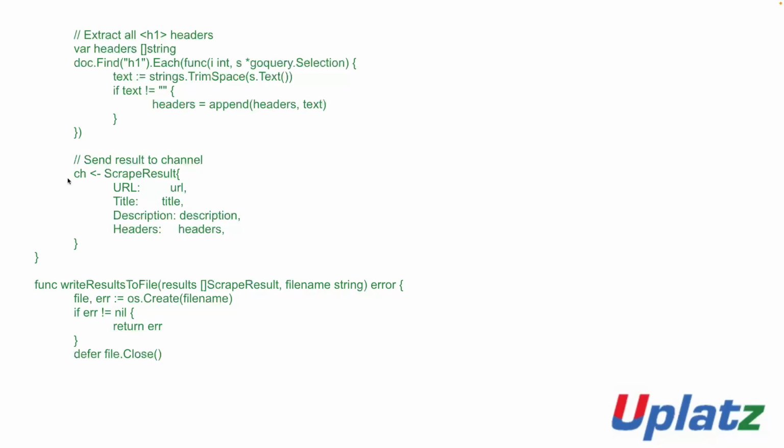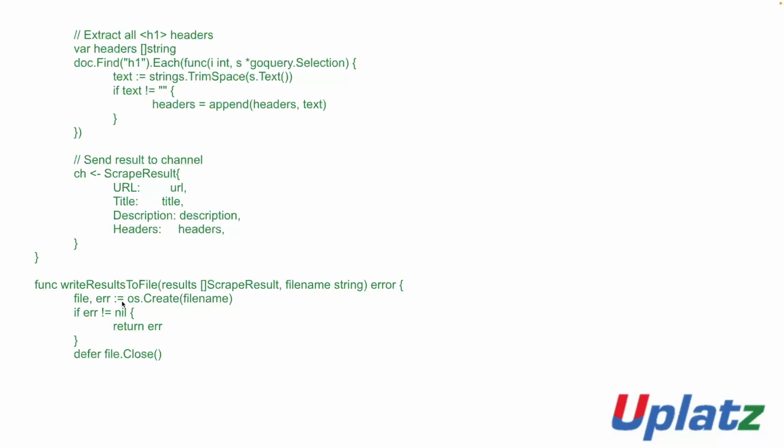And we know that we use that channel to get values from different goroutines. For writeResultsToFile, the results is a slice of ScrapeResult, the file name is of type string. Now it returns error.